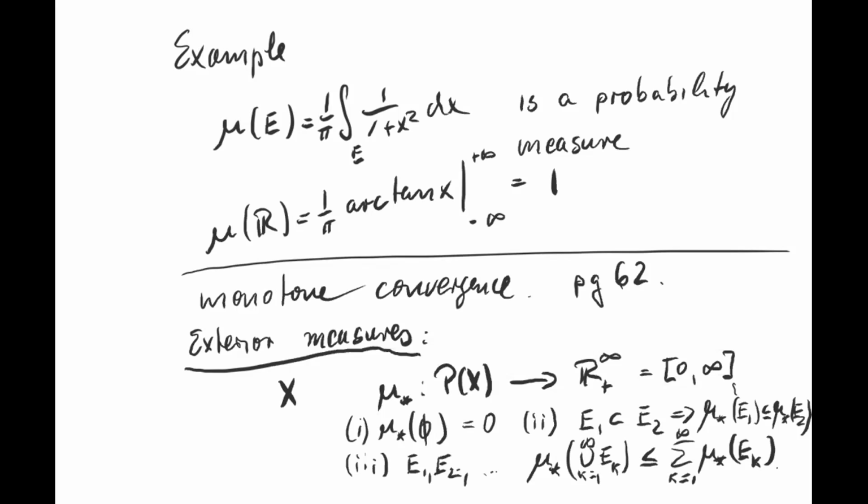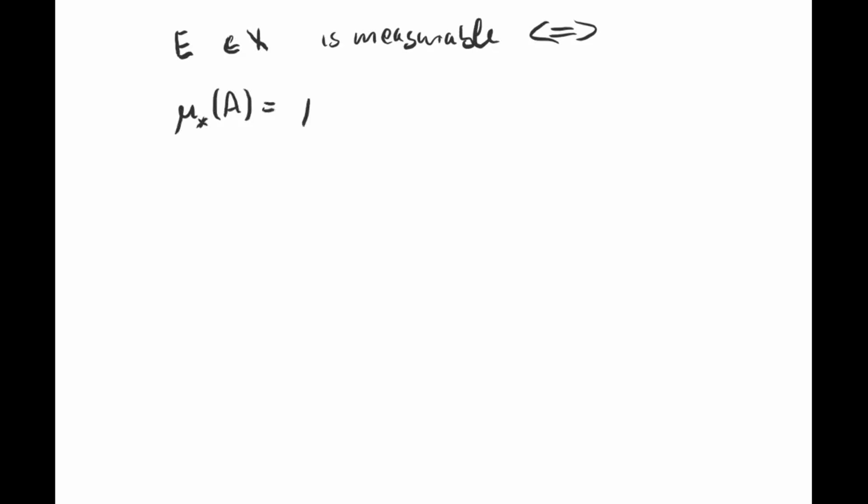And once you have an exterior measure, you can define the concept of measurability and basically say that a set E in X is measurable if and only if the exterior measure of A is equal to the exterior measure of A intersected with E complement plus the exterior measure of A intersected with E. You remember that?